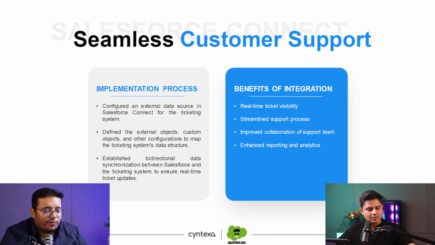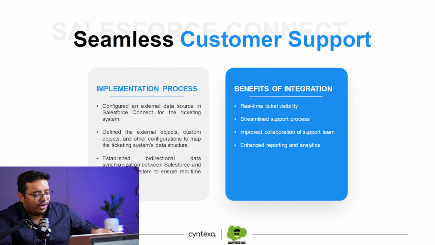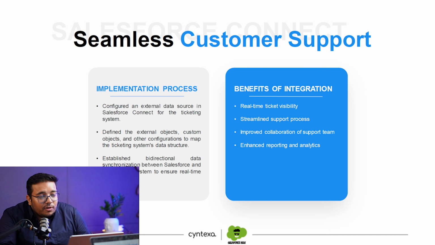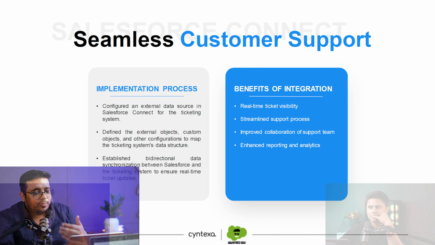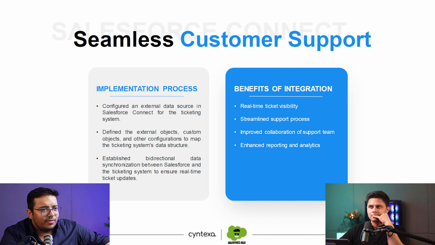For doing that, we used Salesforce Connect and OData objects. We created external objects which allowed us to get all of that information from the customer support platform into Salesforce, and that information was updated in real time between both the platforms.